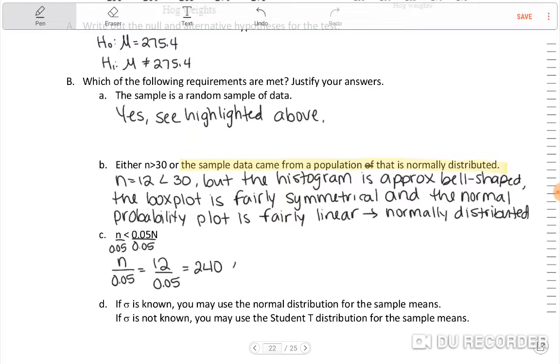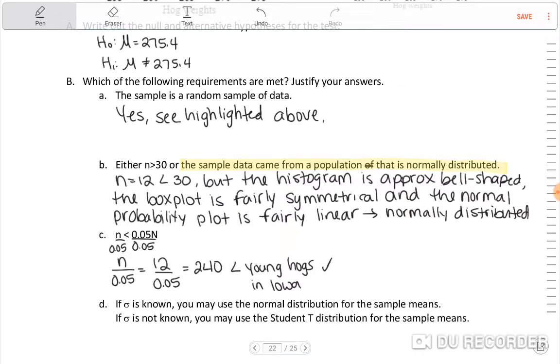So is 240 less than my whole population, which is young hogs in the state of Iowa? Young hogs in Iowa. That would be a yes.